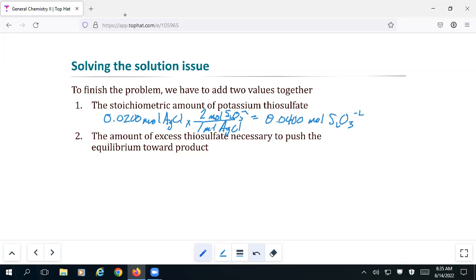And then we also need to consider how much excess thiosulfate there is to make the equilibrium go.